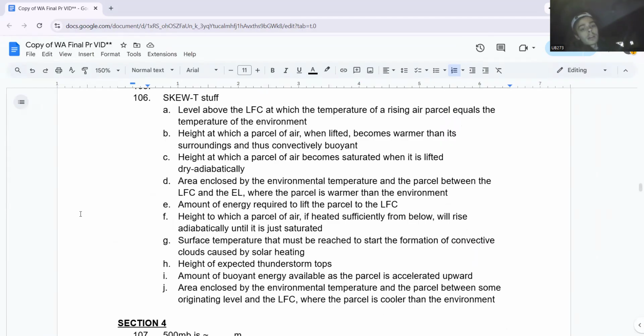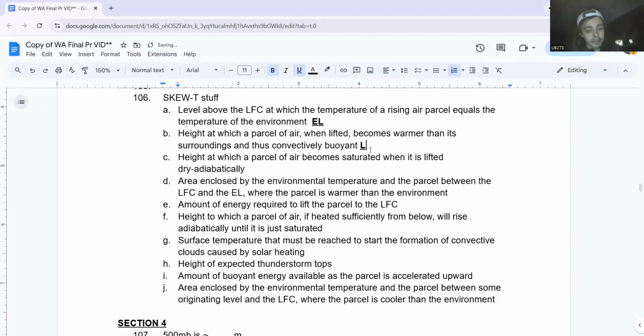The level above the LFC at which the temperature of a rising air parcel equals the temperature in the environment. That sounds like EL, the equilibrium level. I already mentioned that earlier. The height at which a parcel, when lifted, becomes warmer than its surroundings and then is buoyant, which means it can rise.